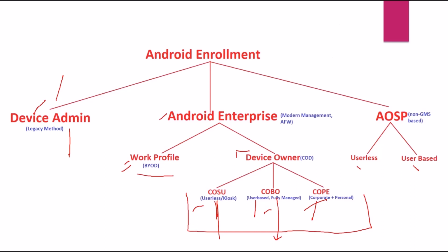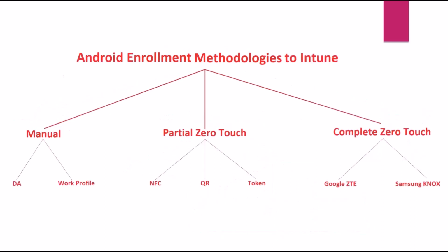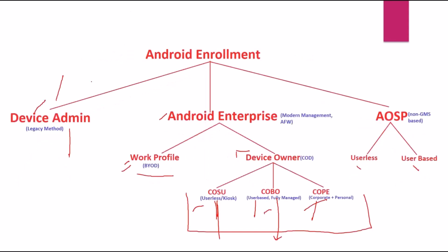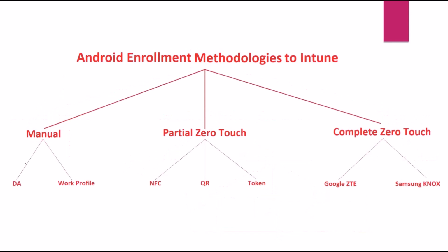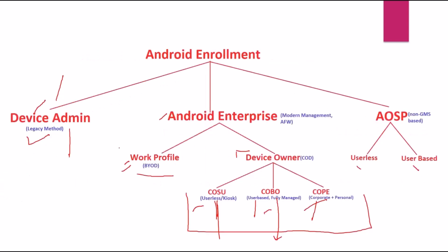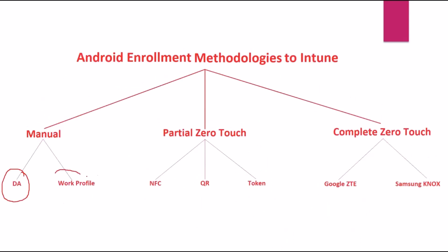So with this in mind, now I want to present another slide, and this talks about the methodologies of enrolling a device to Intune. If you are doing a device admin enrollment, then that is a manual method. That is what I have shown over here. Or if you're doing an Android enterprise enrollment as a BYOD work profile, this is what I have shown over here.